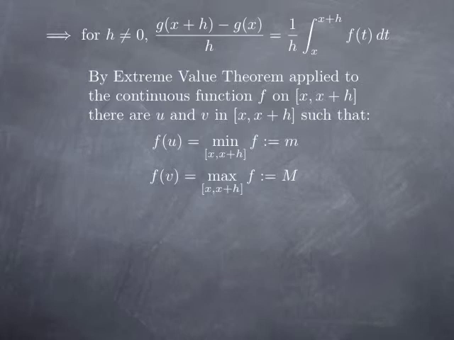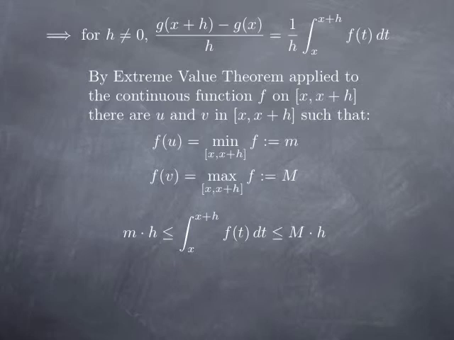Of course, f is always between little m and capital M on the interval from x to x plus h, so one of the properties of the integrals that we have seen is that in that case the integral of the function from x to x plus h is going to be between this minimal value multiplied by the width of the interval, which is h, and this maximal value multiplied by the width of the interval, which is h.